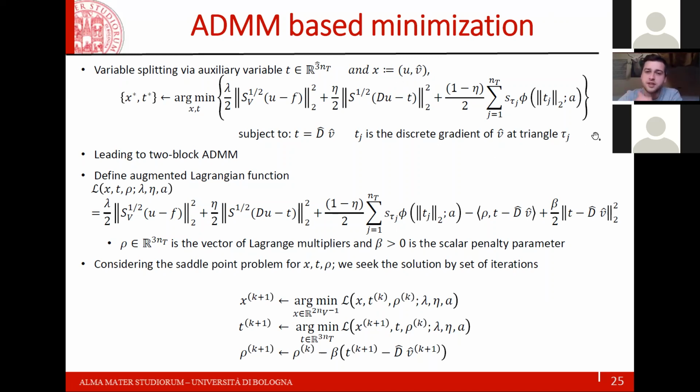So using this change of variables, we still lead towards a two-block ADMM minimization, for which the Lagrangian function is the following one, where beta is a scalar penalty and rho represents the vector of Lagrange multipliers. Therefore, iteratively, we need to solve just the subproblem for x, t, and the closed form update for the Lagrange multipliers.